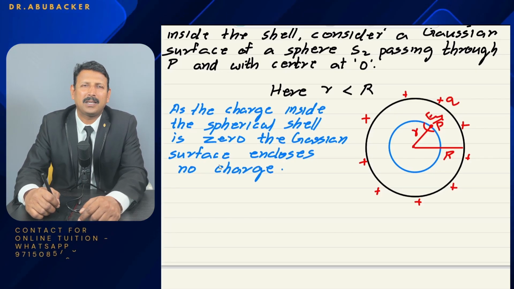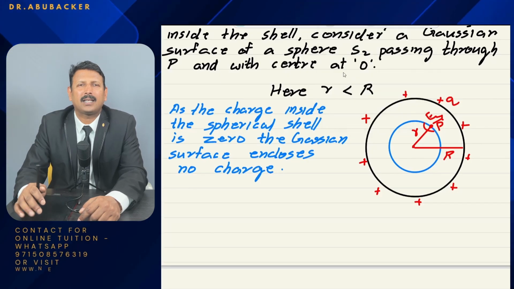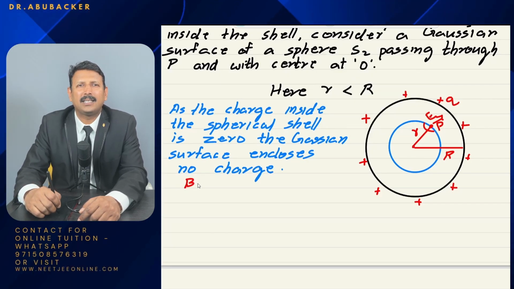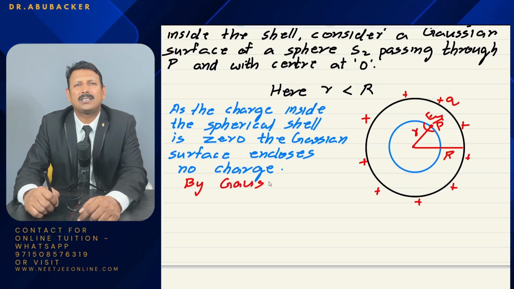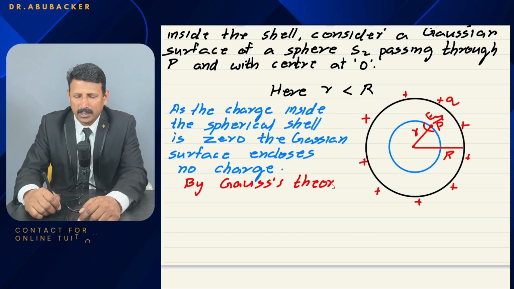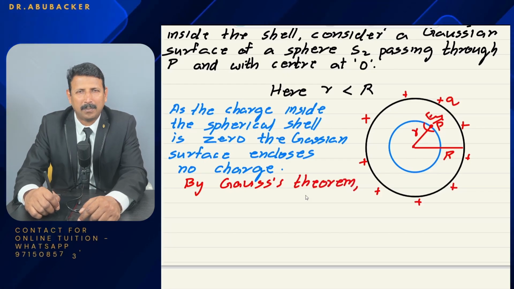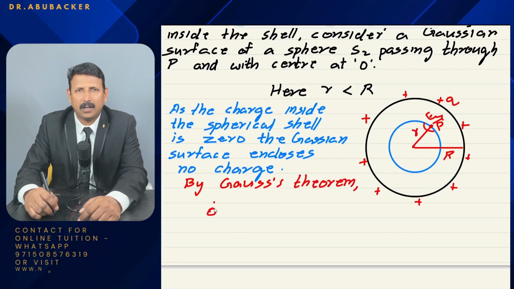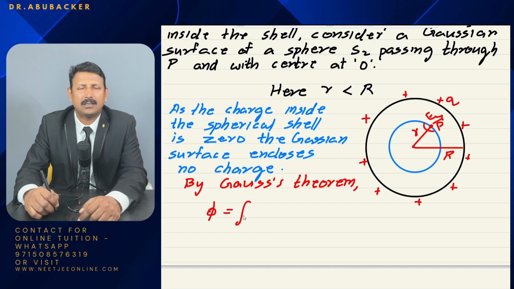Clear? This statement is enough to give the answer actually. If there is no charge, in the equation Q will be replaced with 0. So the flux is going to be 0.